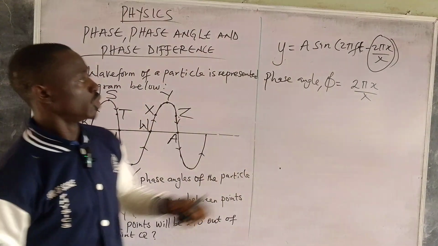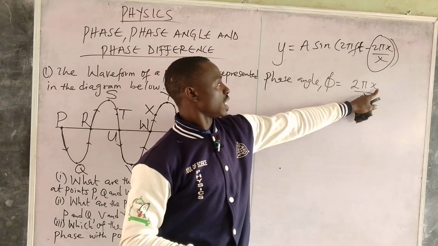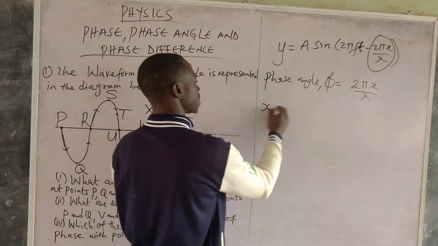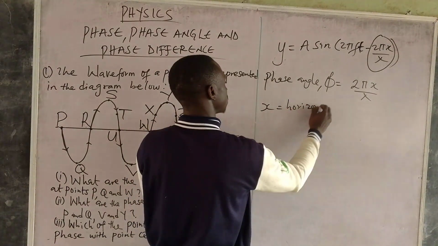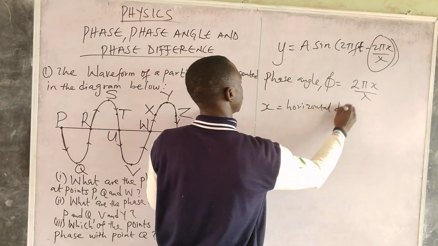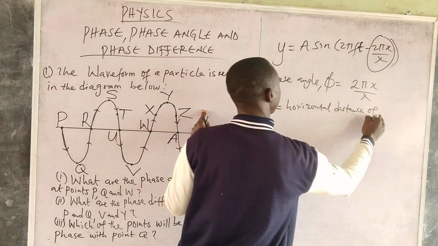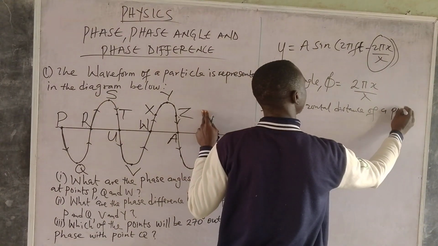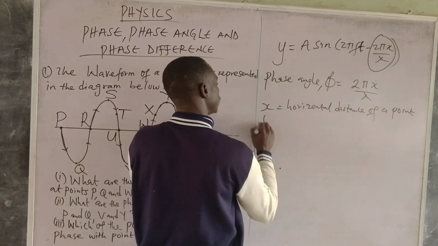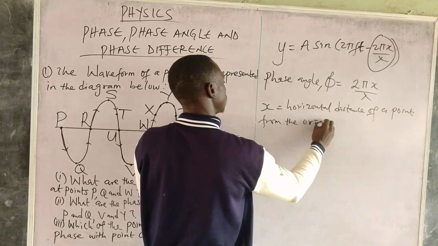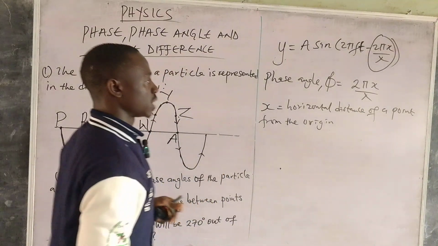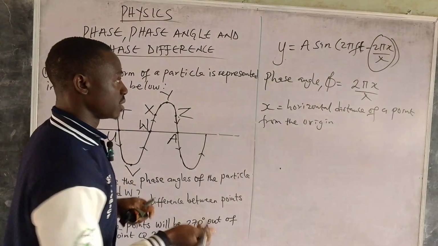All right? Now, what does x stand for? X is the horizontal distance of a point on the wave, on the graph, from the origin. It can be measured in meters, it can be measured in centimeters.